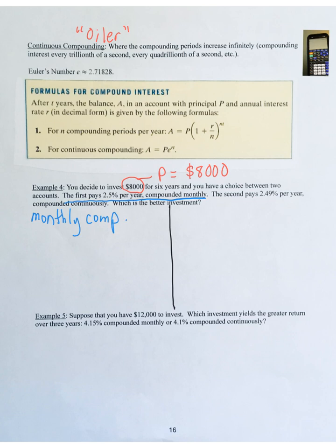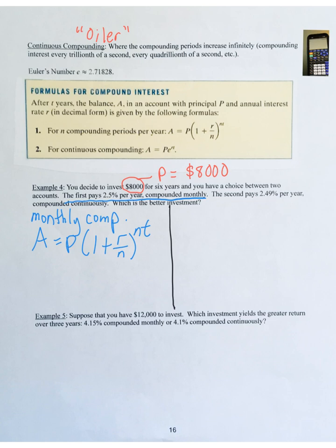So for any compounding that's not continuous, we use that traditional formula from the previous slides, which is A equals P times the quantity 1 plus R over N, close the parentheses, raised to the N times T power. Let's think about what to plug into the right side.